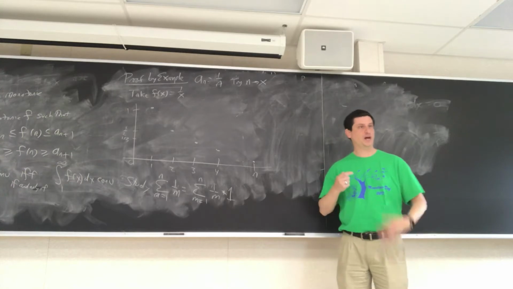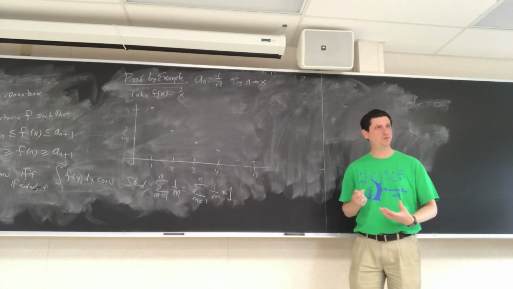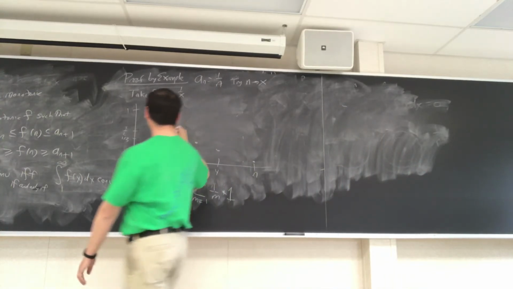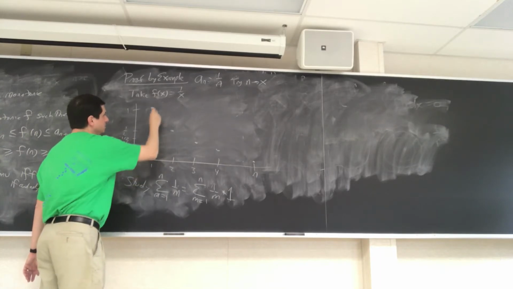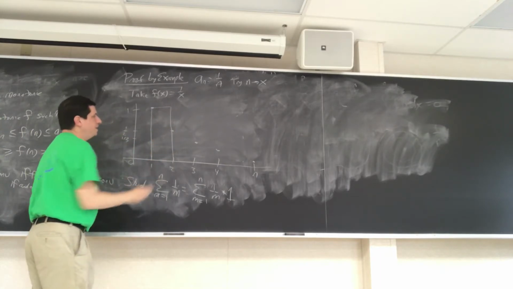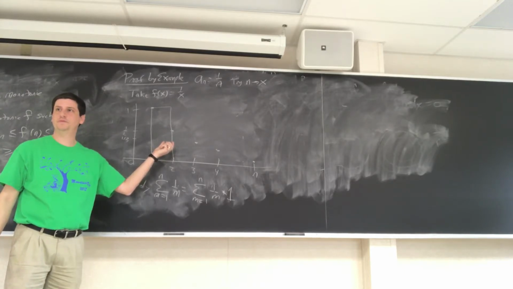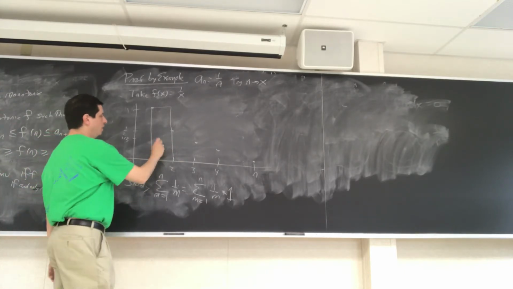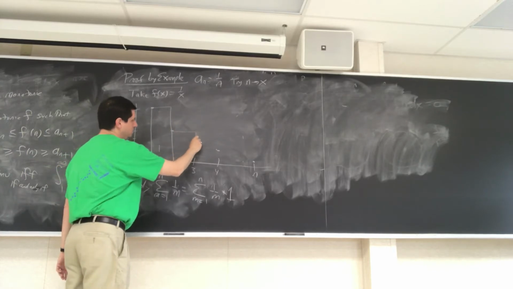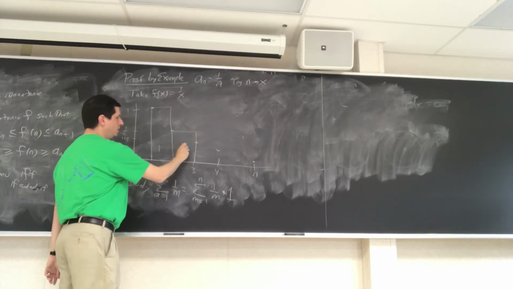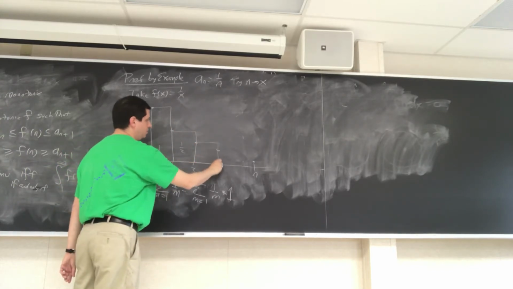A rectangle, with height 1 over m and base 1. So if you look at what's going on over here, the area of that rectangle is just the same as the contribution of the first term of my sum. It's just going to be a contribution of 1. Over here, the area of this rectangle is 1/2. The area of this rectangle is 1/3.